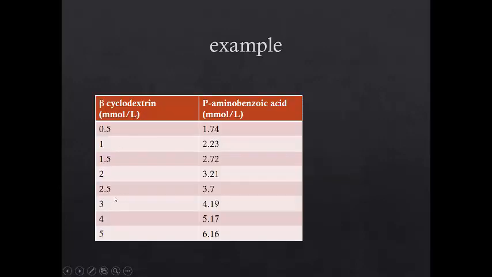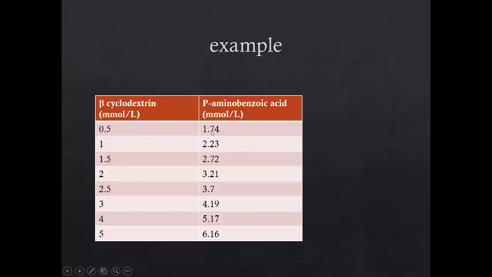So here's an example. At 0.5 millimole per liter, here's another drug called para-aminobenzoic acid, or PABA. The PABA concentration will be 1.74 millimoles per liter when you have 0.5 millimole per liter of beta-cyclodextrin available. So this isn't the innate solubility, right? It's going to be less than this.